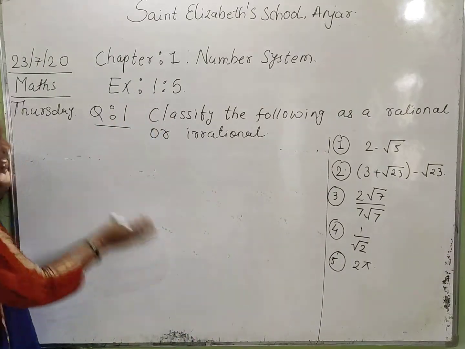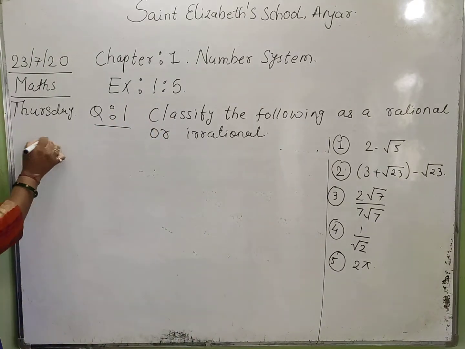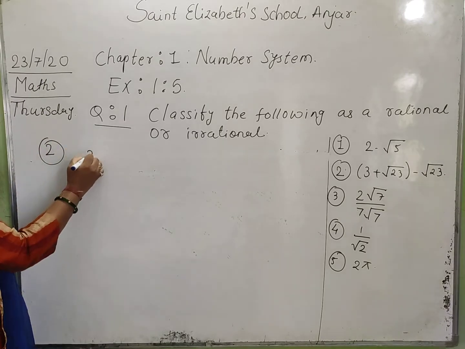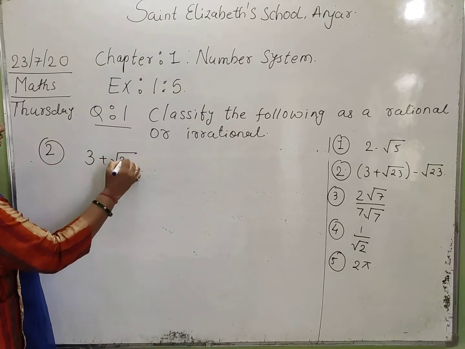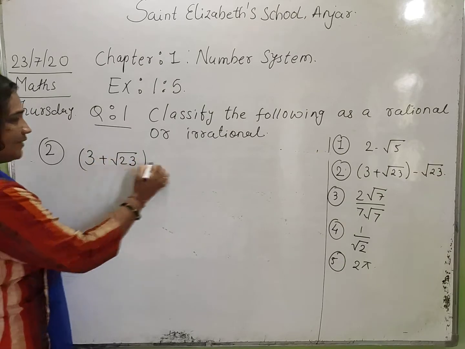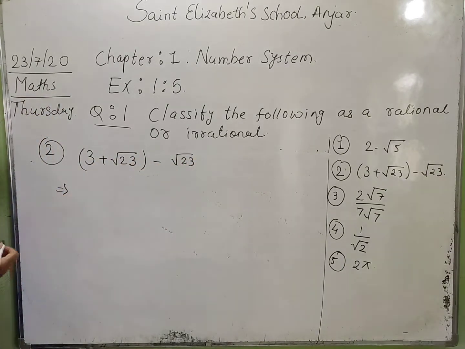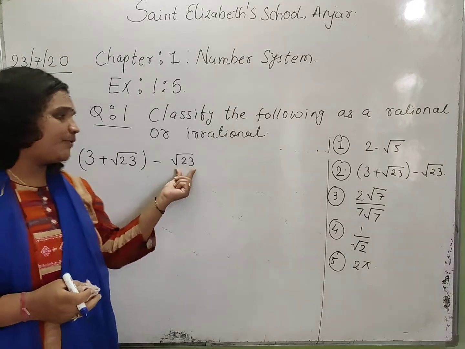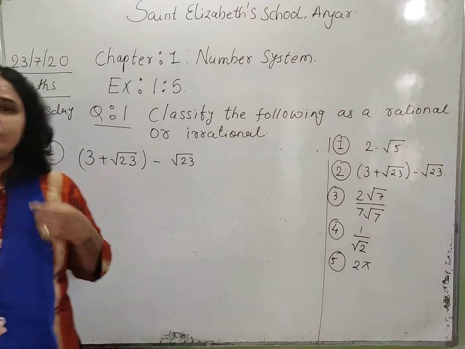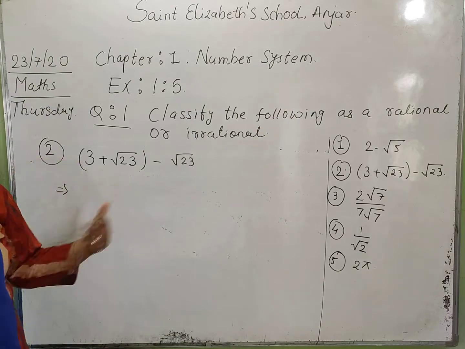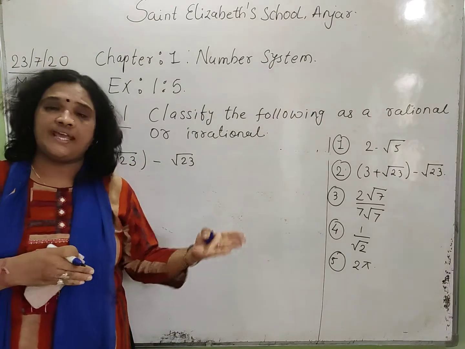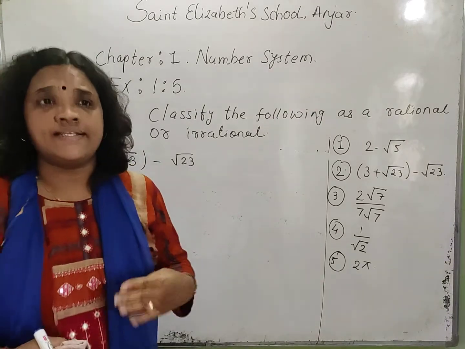So what is the second question? The second question is 3 plus root 23 minus root 23. First of all, I want to explain this type of number, root numbers. When we add or subtract these root numbers, we can cancel them the same way as we cancel other numbers.